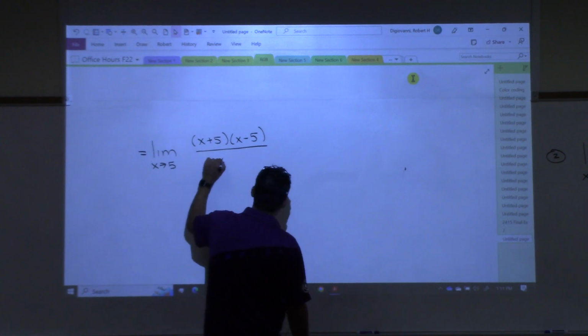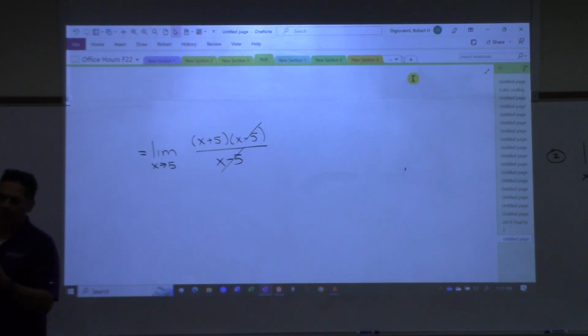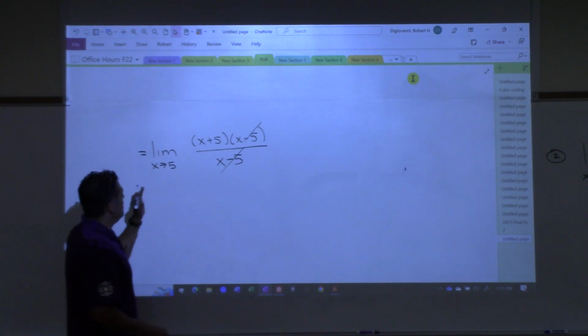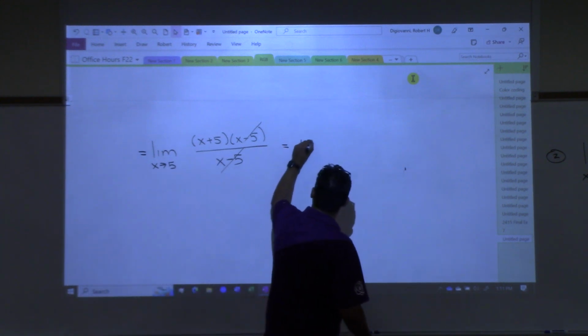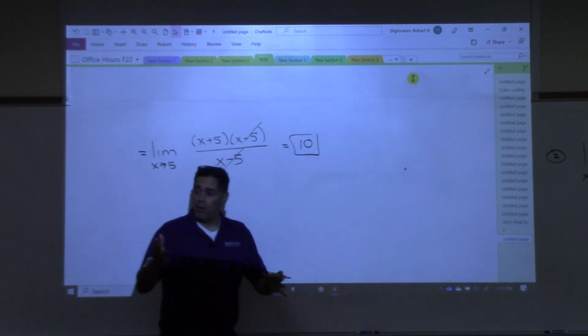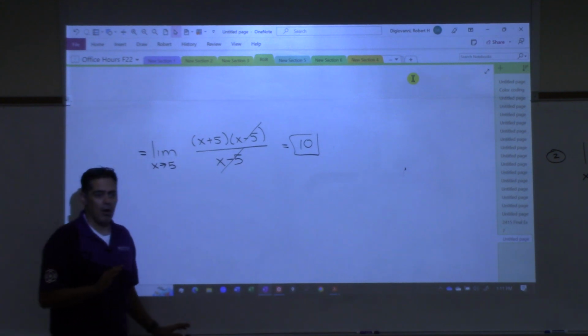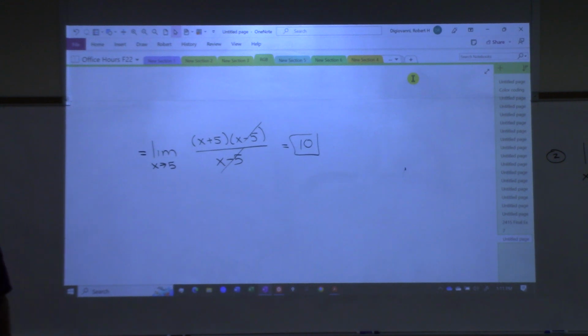Once you do that, you're allowed to cancel those out so long as you promise me that x will never be 5. But because we're taking a limit, that's okay. Now we let x go to 5, and 5 plus 5 is 10. So 10, there you go. That's it. I hope that first quiz was a nice, clean quiz for you. I don't intend on making quizzes super, super hard. It's just, do you understand the basic ideas from the previous class?